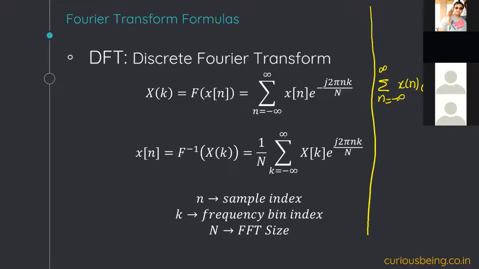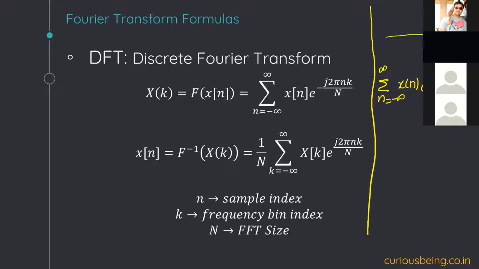And instead of omega n, let's write what our omega was: 2 pi f by fs into n. So here what is happening is we are actually sampling our frequency domain signal also.